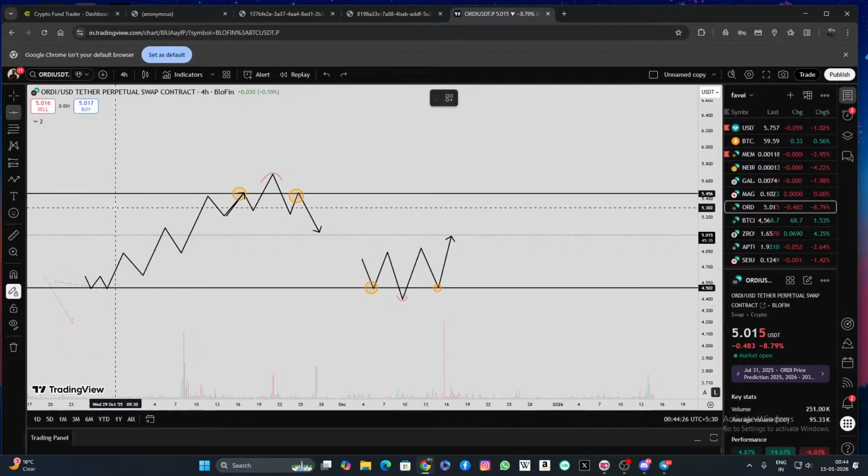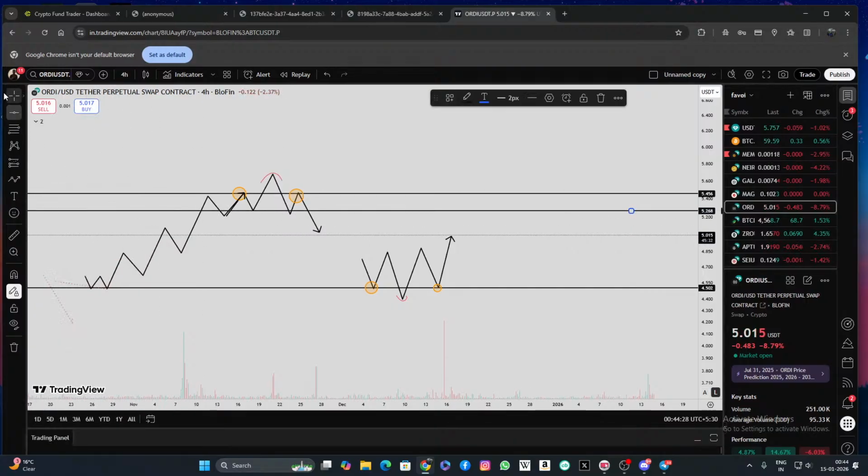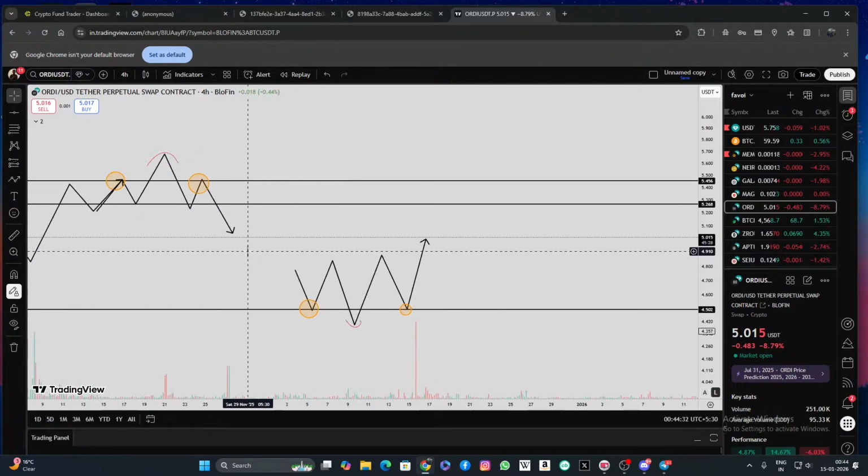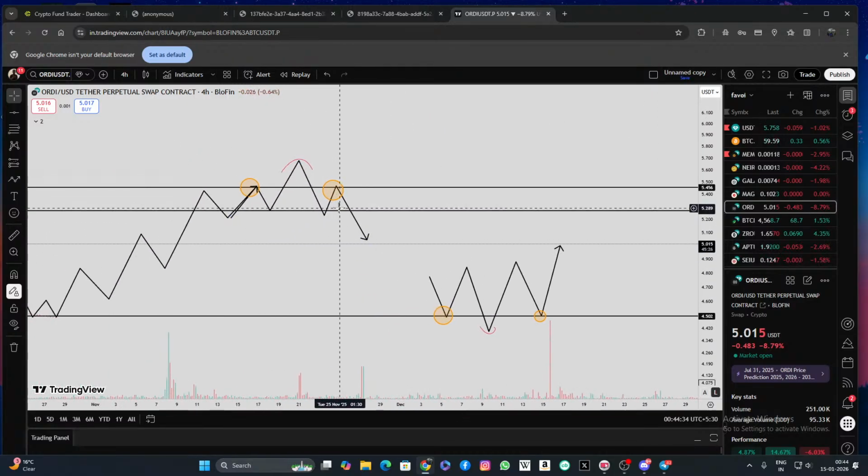Always look for these signs. This was our previous low, but after making a new high, the market broke its previous low. That means the market is no longer in an uptrend. The market broke its trend. So here we see a break of structure, or BOS in your language.